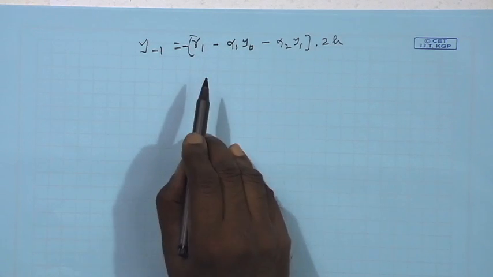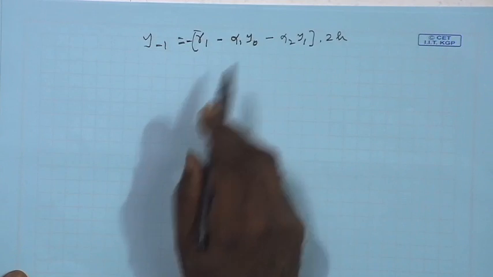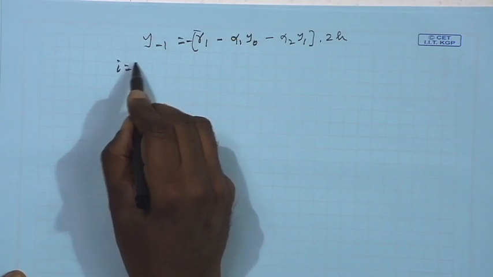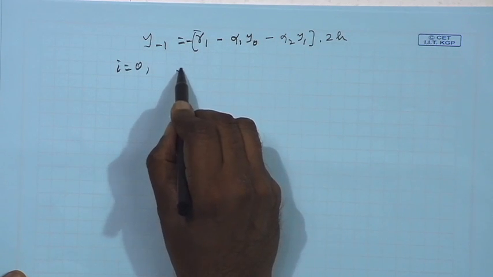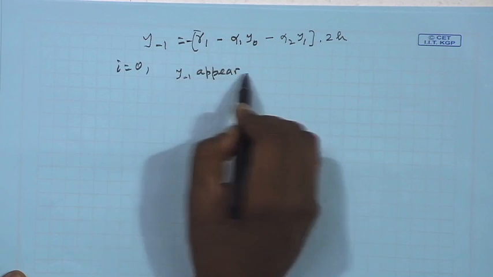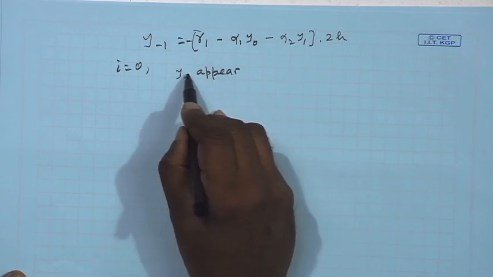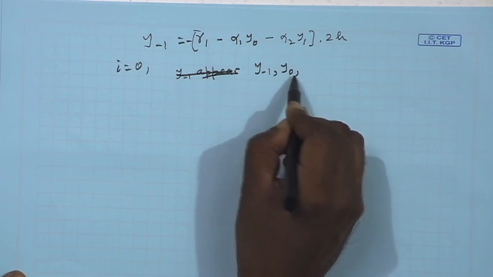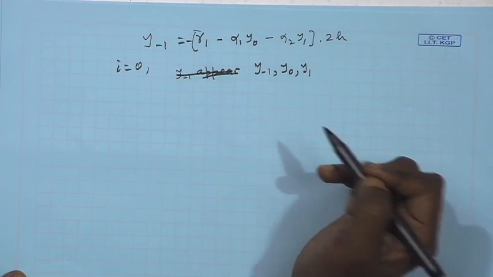Now, when I write the discretized equation for i equal to 0, the first point, that involves y minus 1, y 0 and y 1.